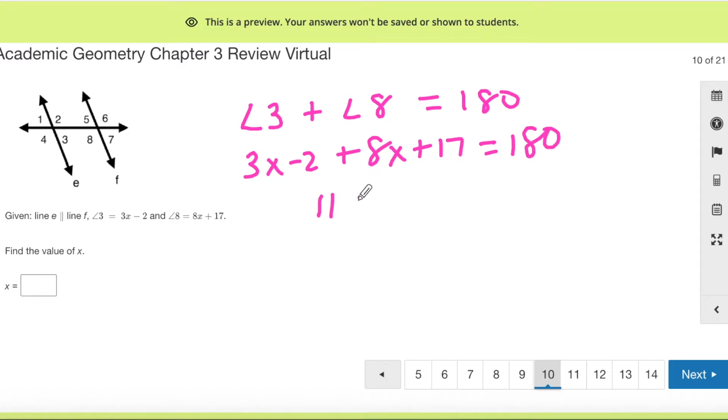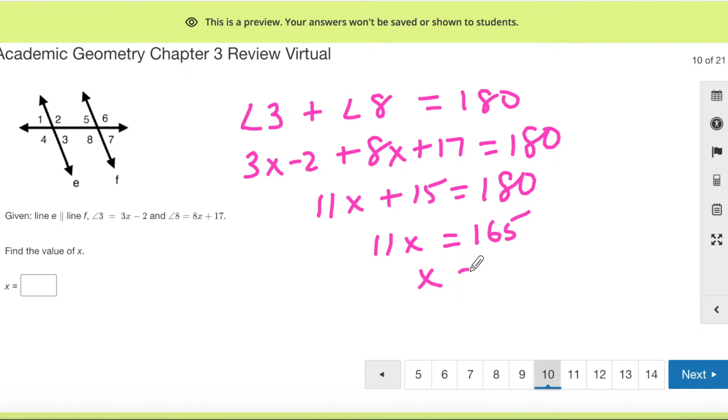Combine like terms. Again, we are only looking for the value of x in this problem. Subtract 15 from both sides. Divide both sides by 11. X is equal to 15. To find out what all the angles measure, you take the 15 and you plug it in here and substitute and solve.